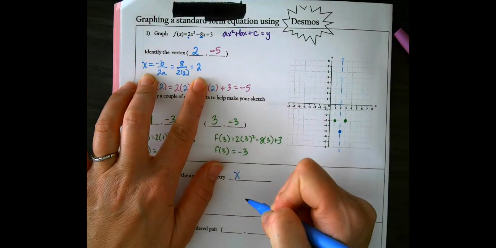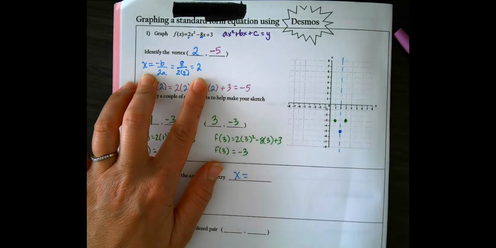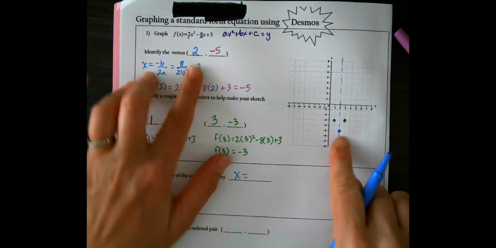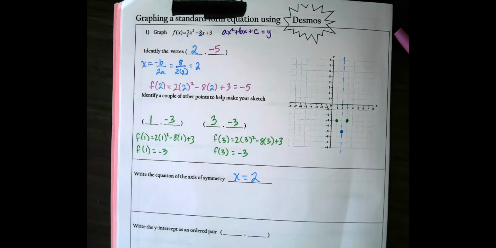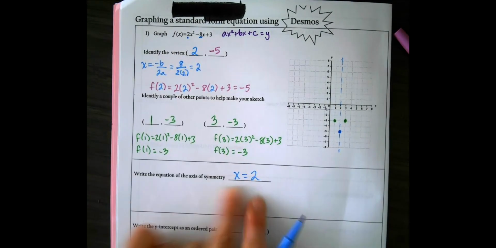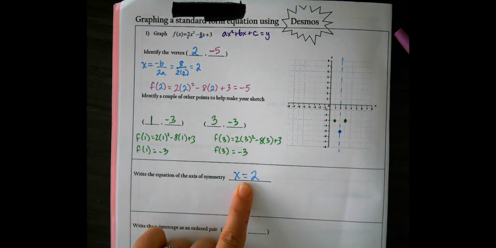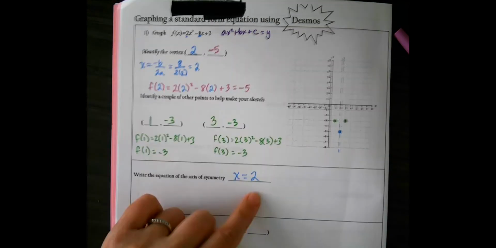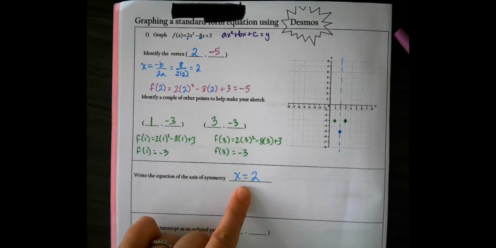The vertical line is x equals whatever the x value is of that point, and we know what that is. It's x equals 2. So once you know the x value of the vertex, it's always going to be the equation of the axis of symmetry. They're always the same. x equals 2, and that's it. All right.